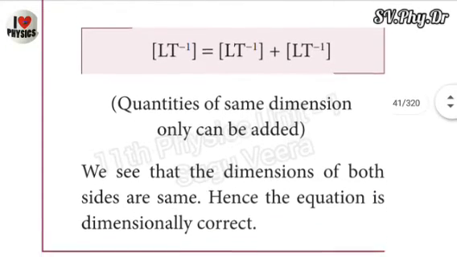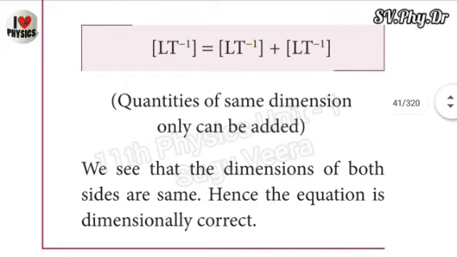The dimension of acceleration is L t power minus 2 into S. S means displacement. The dimension of displacement is L power of plus 1. So L power of minus 2 into T power of plus 1 is equal to L t power minus 1.